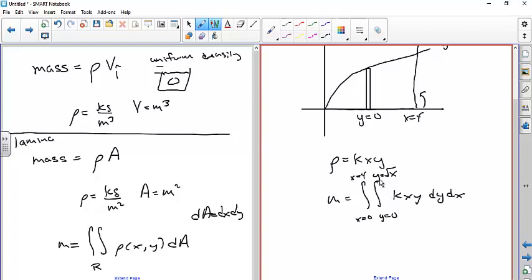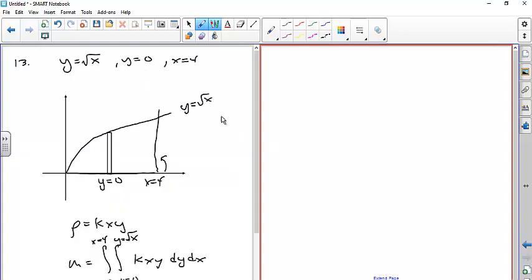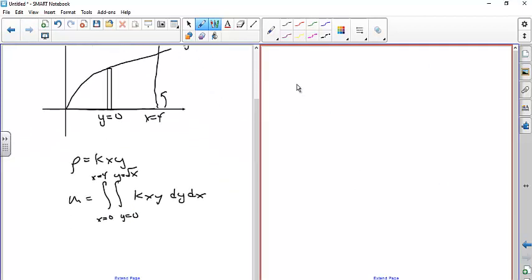And that's because these limits are y equals something. So once you formulate it, it's just like we've done before. You get the mass is equal to the integral from 0 to 4, and the integral of this with respect to y is going to be kx y squared over 2 evaluated between y equals 0 and y equals the square root of x.